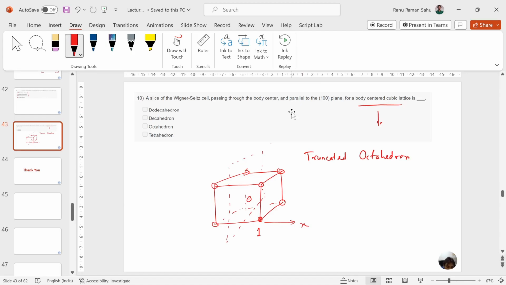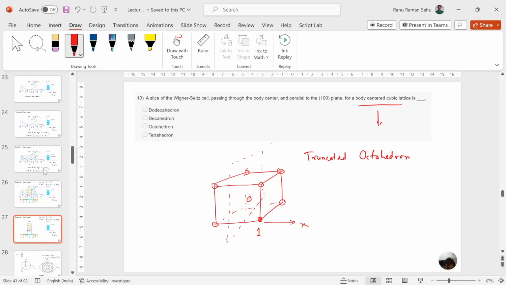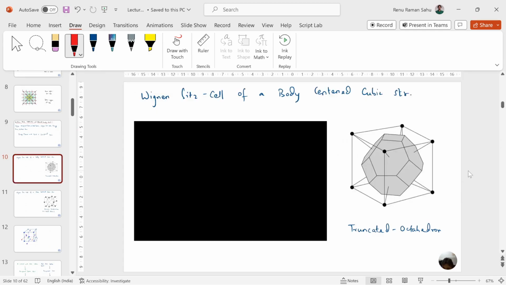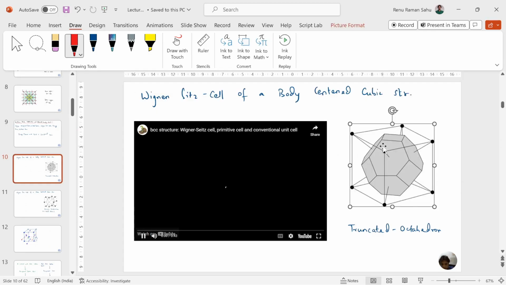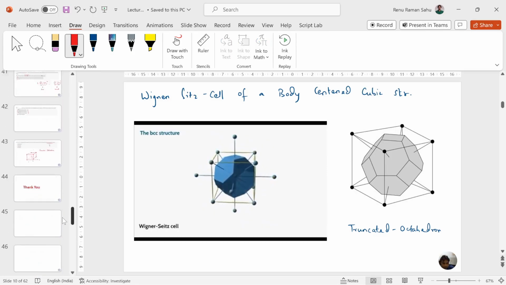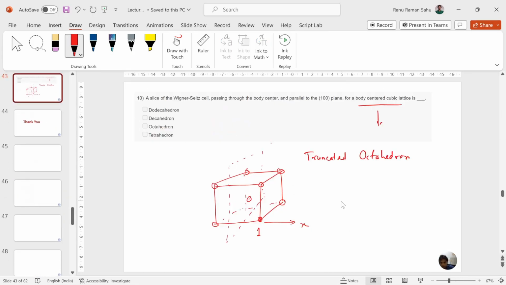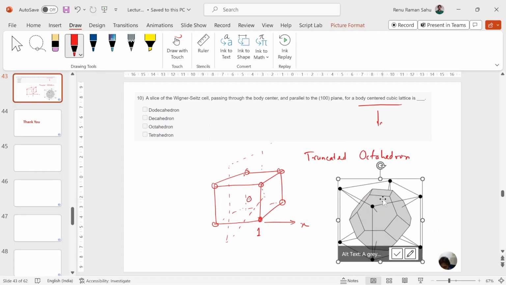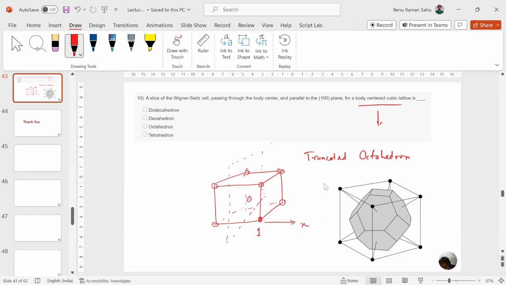And you have to think of a plane which is, like, let us go to this truncated dodecahedron. Here, what you have to do is just come here and go to here. You have to cut it through this cube along this line, along this line.